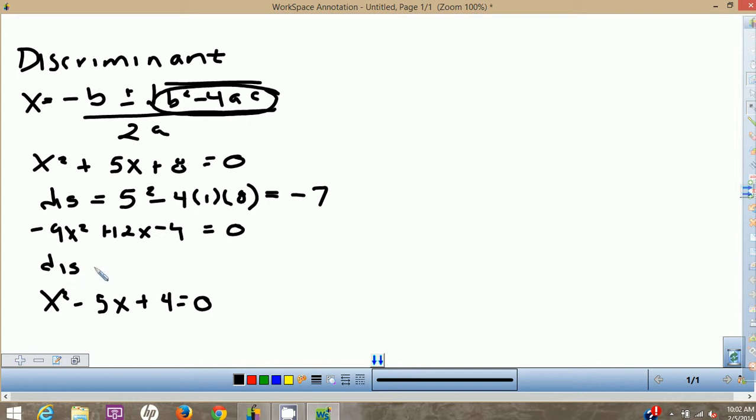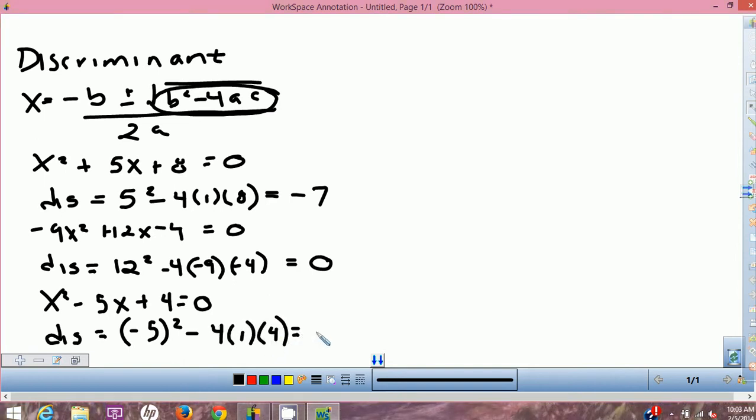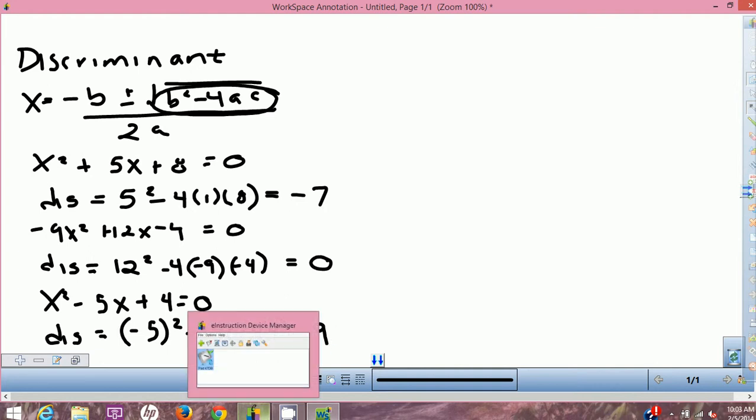So our discriminant here is equal to 12 squared, b squared, minus 4 times a, and a is negative 9, times c, and c is negative 4. And if we calculate that out, we get 0. So our discriminant for that second quadratic is 0. And then for the last one, the discriminant is equal to b squared, so negative 5 squared, minus 4 times a times c. And if we calculate all of that, we get a discriminant of 9.